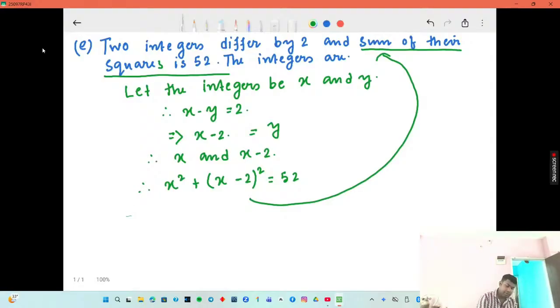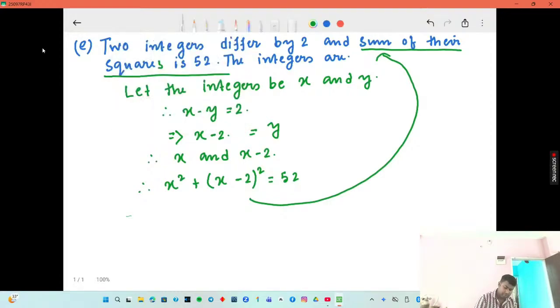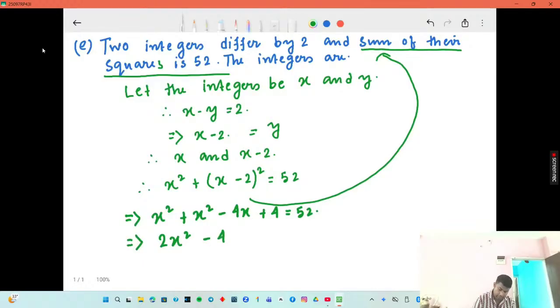So now I will be solving this equation. x squared plus x squared minus 4x plus 4 is equal to 52. Now here 2x squared minus 4x minus 48 is equal to 0.